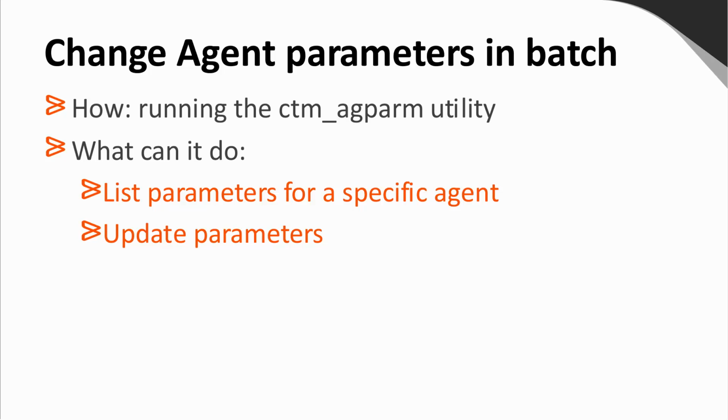However, it sets the default values for these parameters for all agents that don't have a different value set. We've opted to leave out the CTM AG-defs utility from our presentation because it is so similar to the CTM AG-parm utility in usage. We'll show an example of using CTM AG-parm to change an agent parameter from the command line in our demo section.